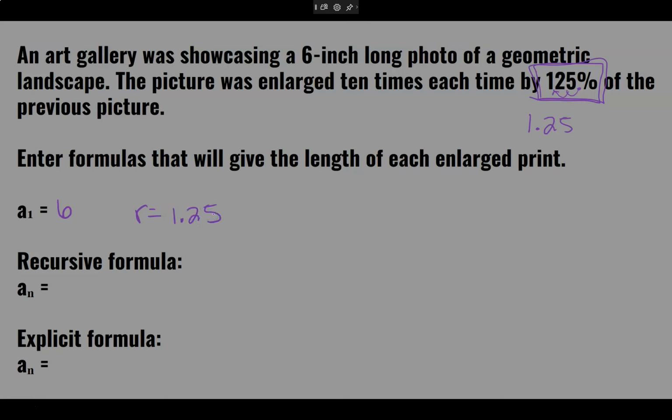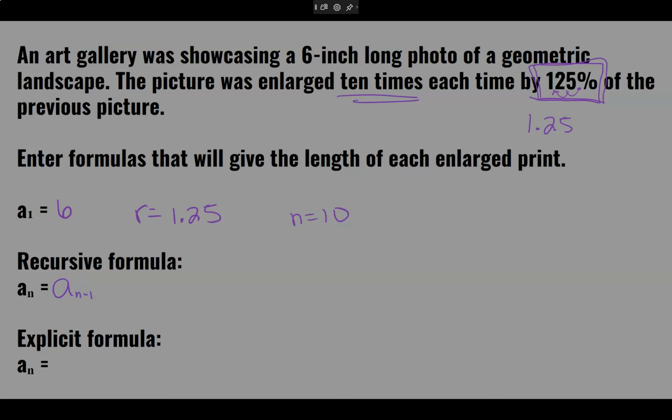Okay. Does it even give you the term on how many times this is happening? It happens 10 times. That's all the information they gave us in the description, okay? Now, what do I need to use to write the recursive formula for this? I just need the ratio. So I'm going to say a sub n equals a sub n minus 1.